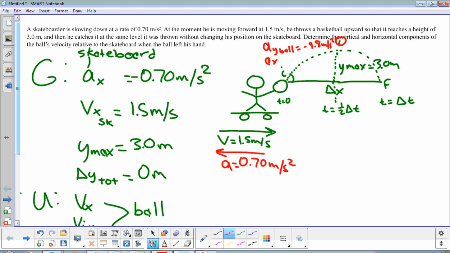What about AX for the ball? It's 0. So, the acceleration of the skateboard is 0.7 to the left, but the acceleration of the ball is 0 once it's left, right? So that's where this problem became a little bit tricky, but it's not that bad.